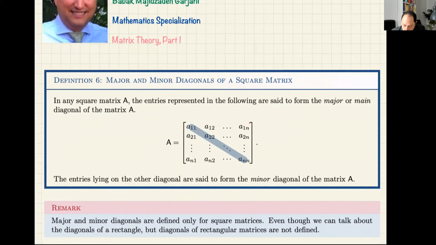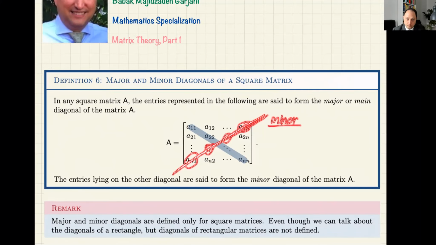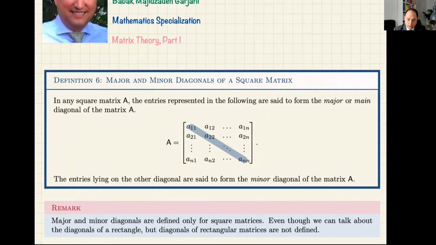And the entries lying on the other one, I haven't mentioned here, I have written it in words, but if I want to draw it schematically, this one, the entries here, here, here, and up here, this is called the minor diagonal of the matrix. Okay, so these are the entries lying on the main diagonal. These are the entries lying on the minor diagonal.